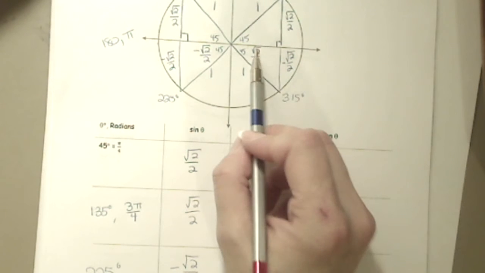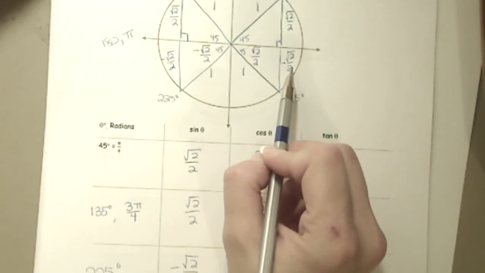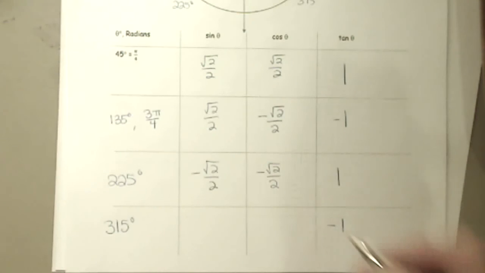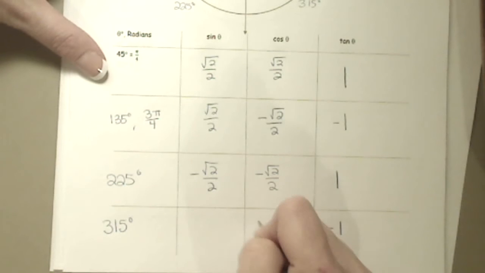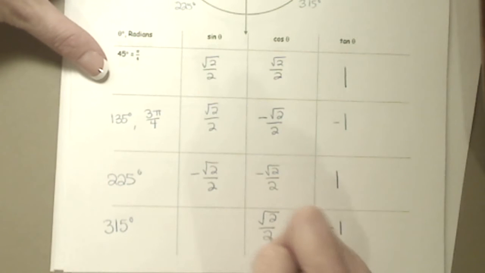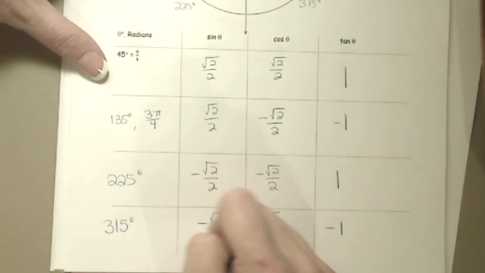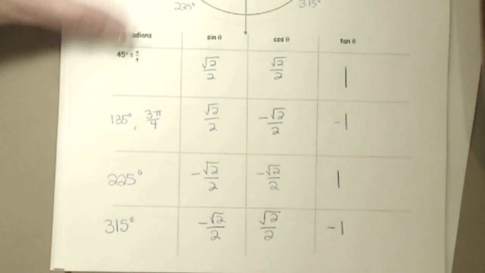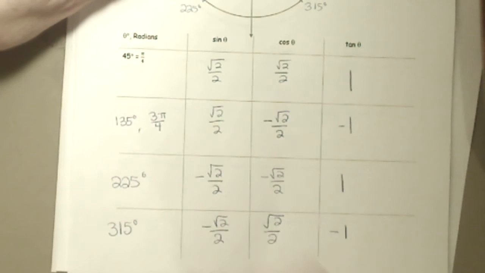And then tangent is a positive and a negative, the quotient of sine over cosine, which will be negative. Positive cosine, square root of 2 over 2, negative sine. And those are your values between 0 and 2 pi.